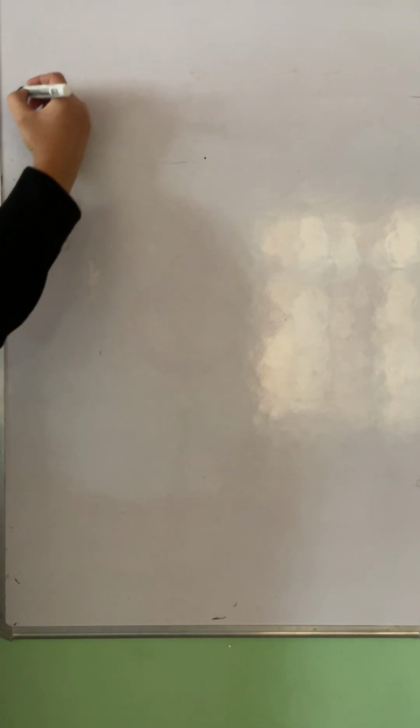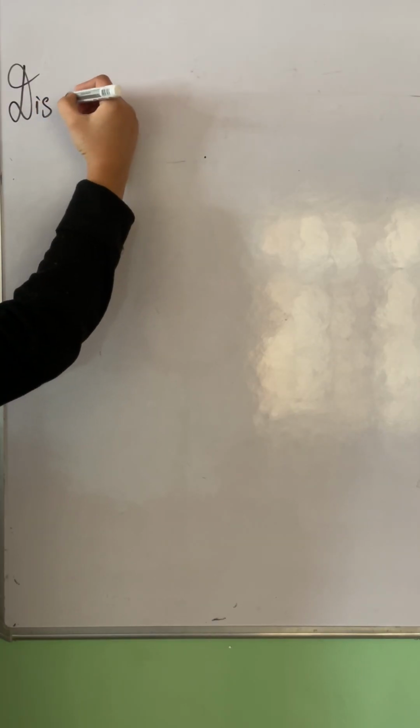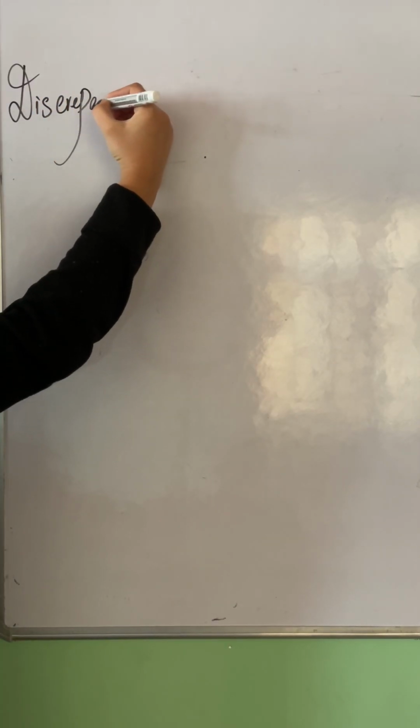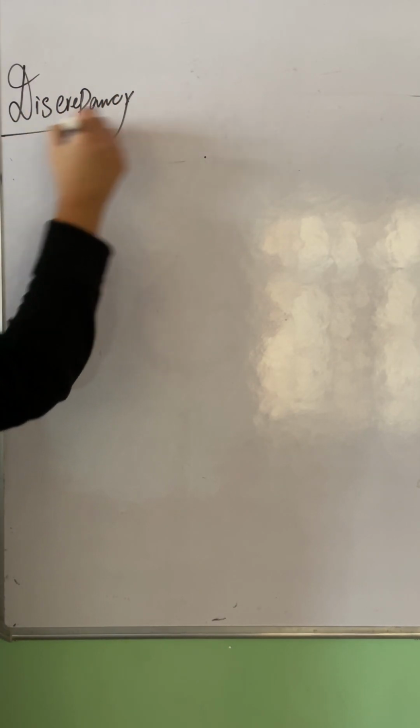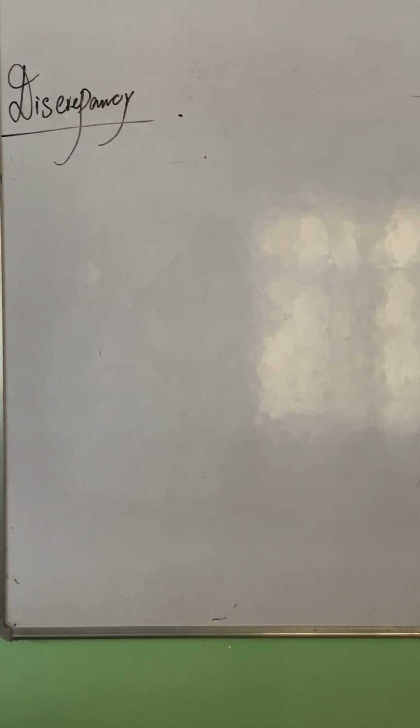Let's study about discrepancy. What is discrepancy? A discrepancy is a difference between two measured values of the same quantity.